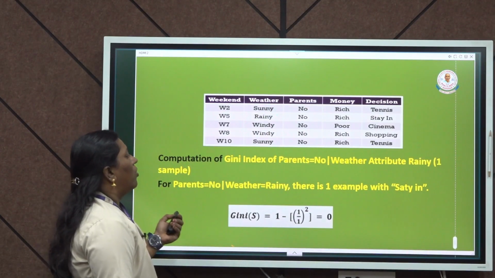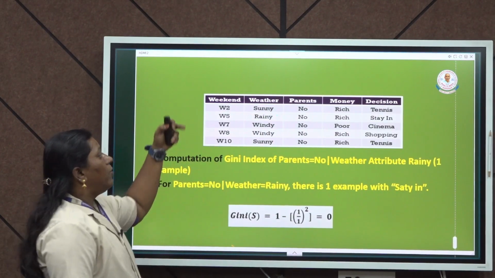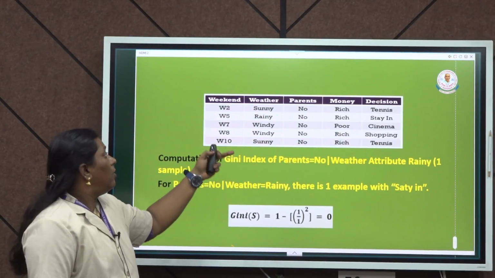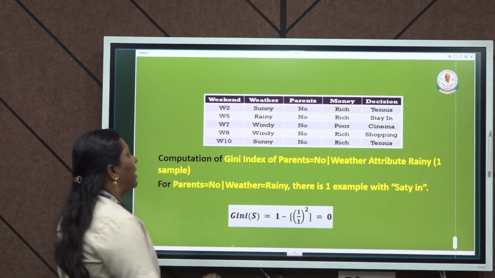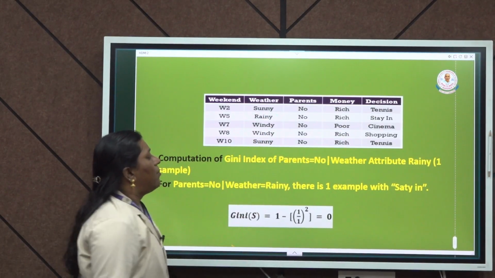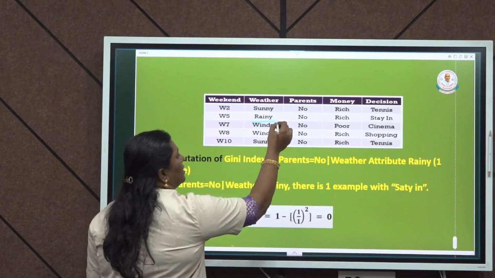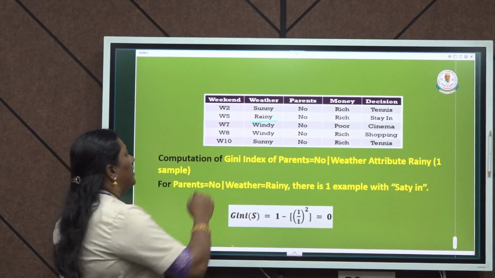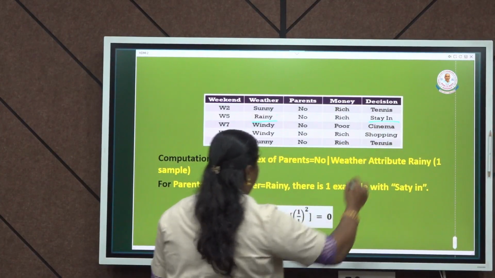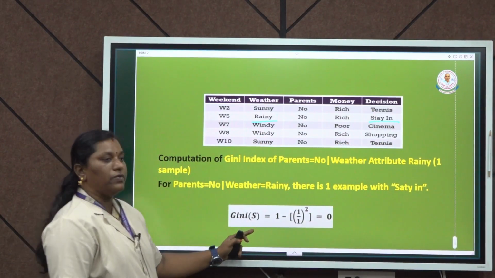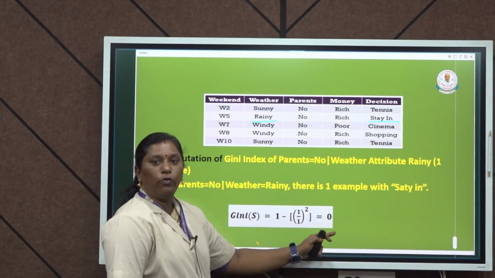Next, we are moving to the next variable of the weather attribute. We have already discussed sunny. Next we move towards rainy. Among these 5 samples, there is only one rainy instance, and that too is associated with stay in. Substituting this instance into the Gini index, the value will be 0.